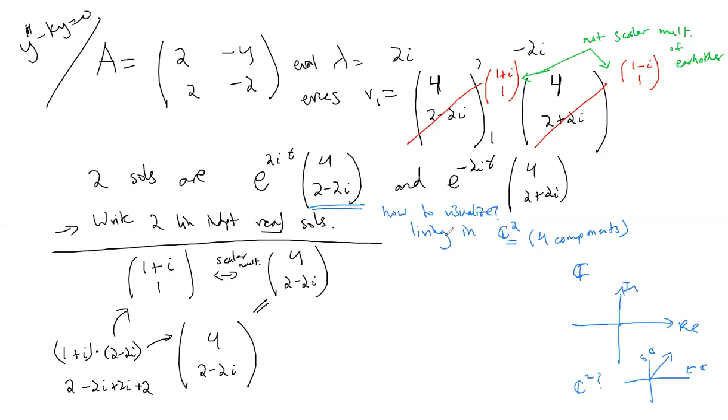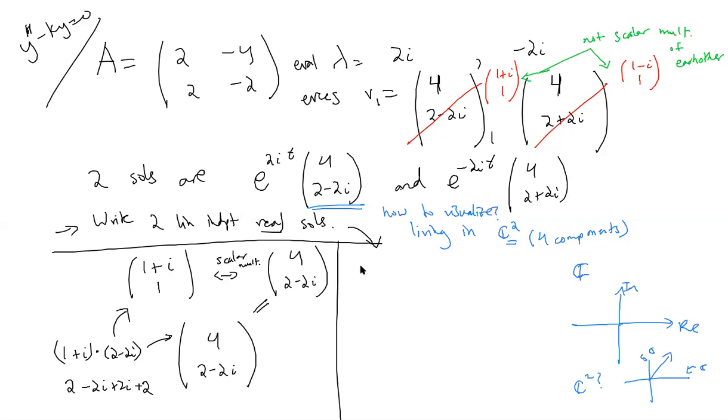Okay, back to finding two linearly independent real solutions. The way we do this is we take appropriate linear combinations of our two solutions to get the real parts. Basically we take the real part of this and the imaginary part, and those are our two real solutions. So I'll write that down.